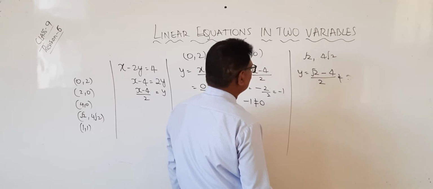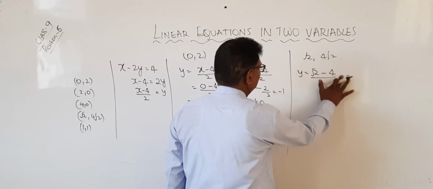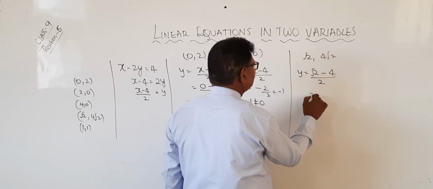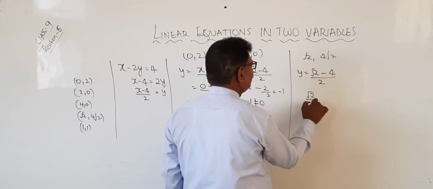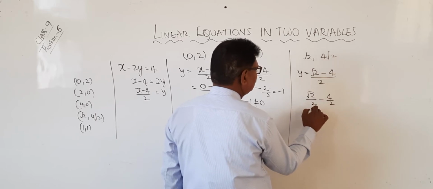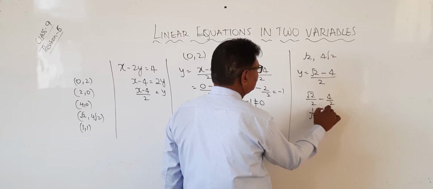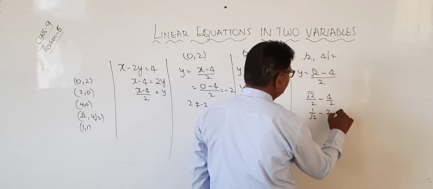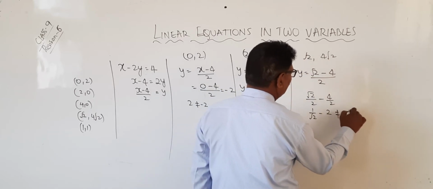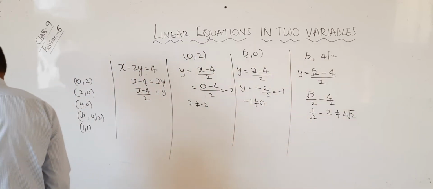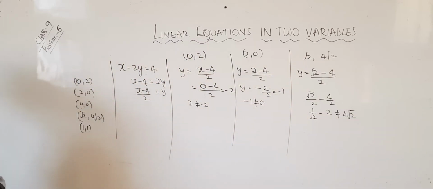Here you can do it like this: root 2 by 2 minus 4 by 2. Therefore, it is nothing but 1 by root 2 minus 2, but which is not equal to 4 root 2. Therefore, it is not a solution.